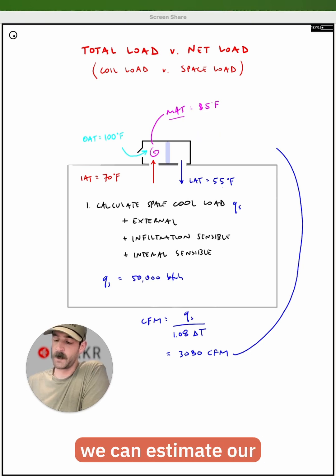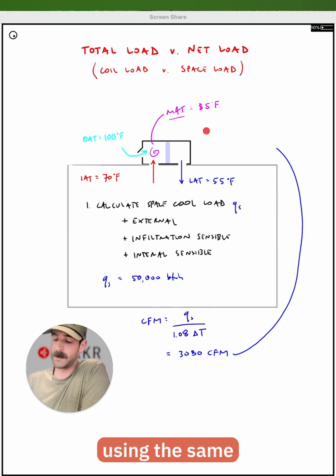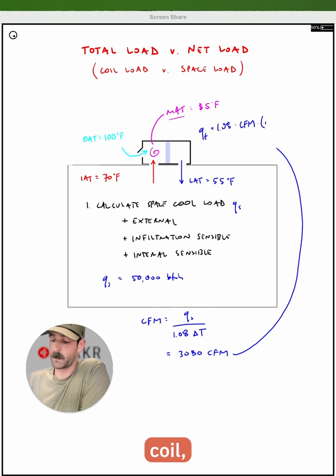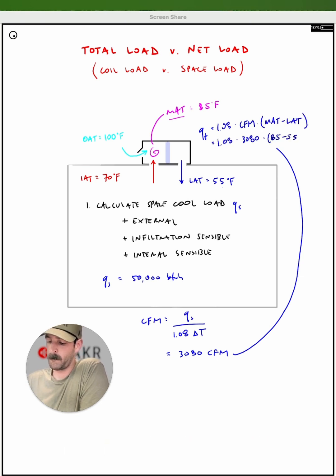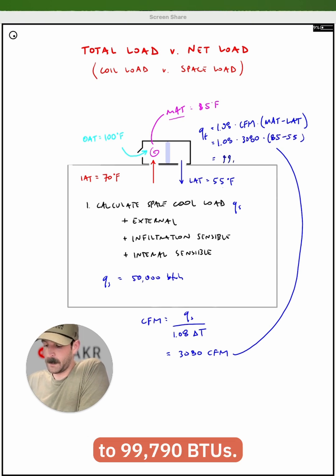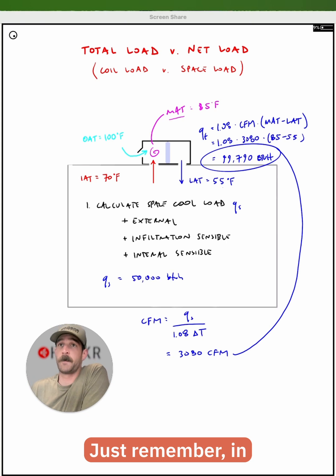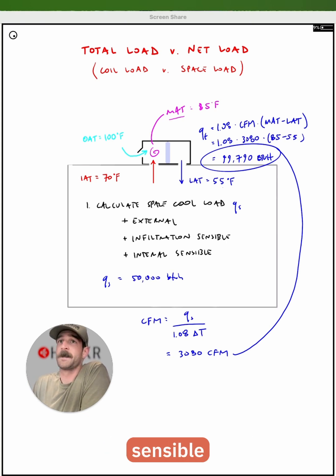Using these variables, we can estimate our cooling coil load using the same simplified heat equation of QT equals 1.08 times CFM. And this time it's going to be the difference across the coil, which is our mixed air temperature minus our leaving air temperature. And this comes out to 99,790 BTUs. Just remember, in this demonstration, I'm using the sensible heat equation.